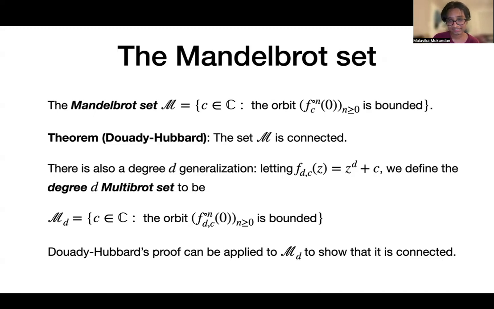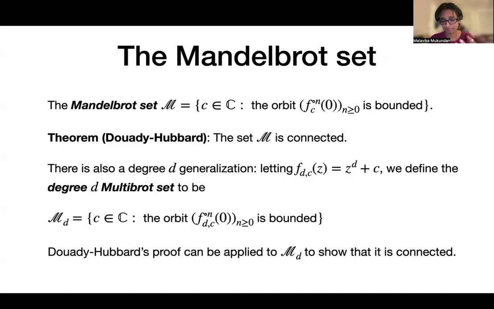So there is also a degree d generalization. If you look at the set of degree d polynomials with one critical point, everything of that form can be represented by z to the d plus c, where c is some complex number. And we define the degree d multibrot set to be the set of c such that the critical orbit of f sub c is again bounded.